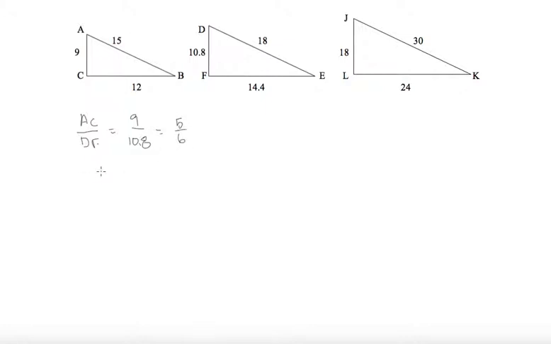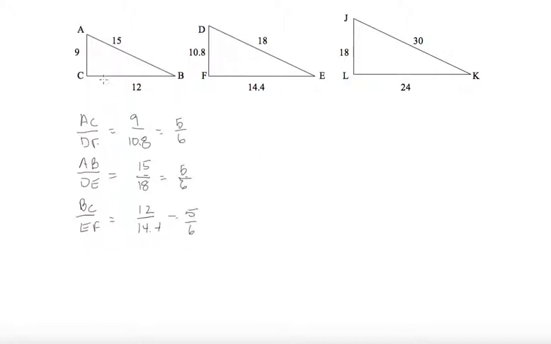If we did the same thing with the hypotenuse, AB over DE, we've got 15 to 18. Again, this is 5 to 6. And our last one, BC to EF, that would be 12 to 14.4, which is, again, 5 to 6.